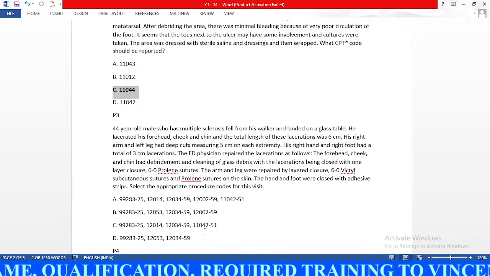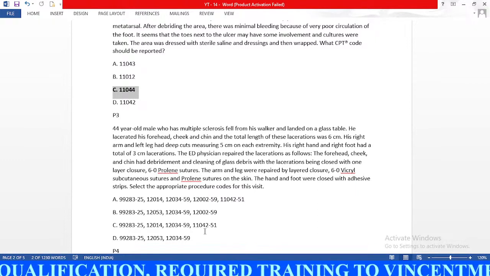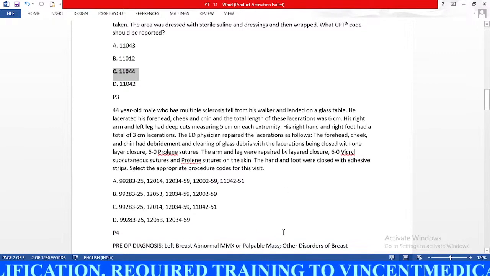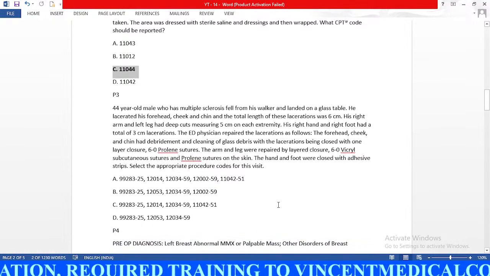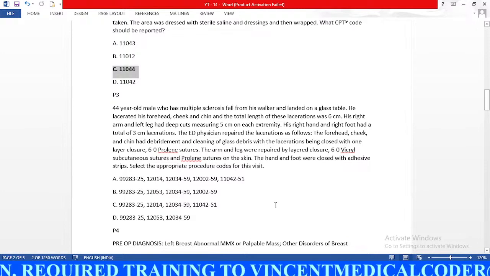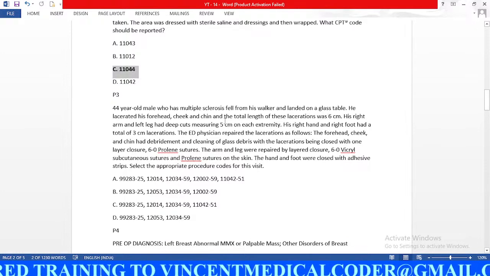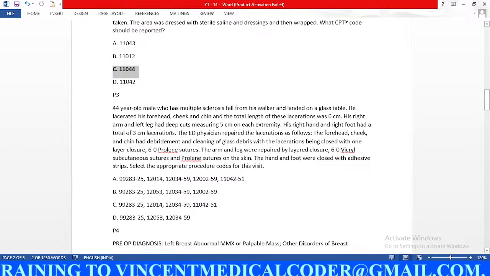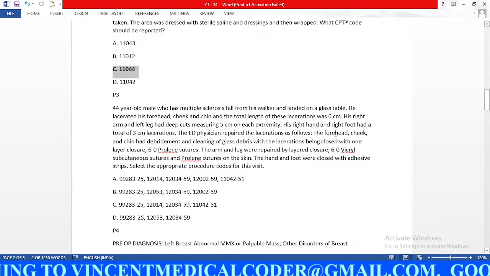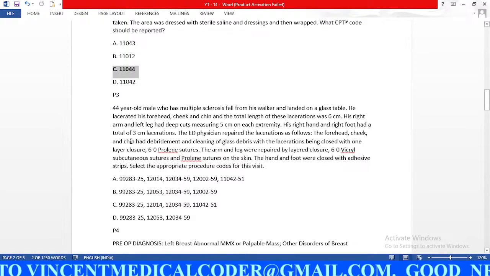Anyway, I will go ahead with our session. As soon as we see this question, we need to find the keywords, like centimeters, locations, and what else? Type of repair performed.